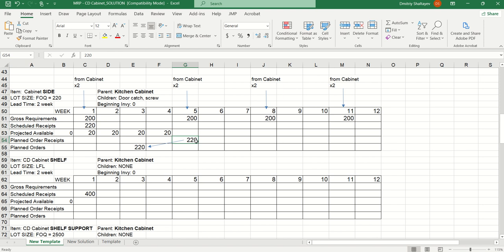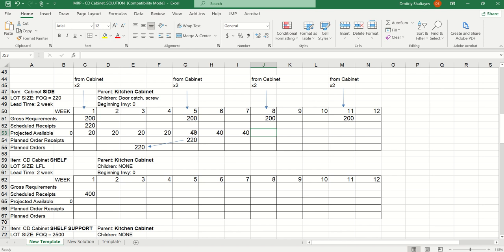All right, 220 comes in. 20 I have. 240 minus 200, that's my requirements to start 100 units of the kitchen cabinets, right? So therefore, I am expecting to have available 40 sides, okay? And 40 sides are still there in week 6 and in week 7.